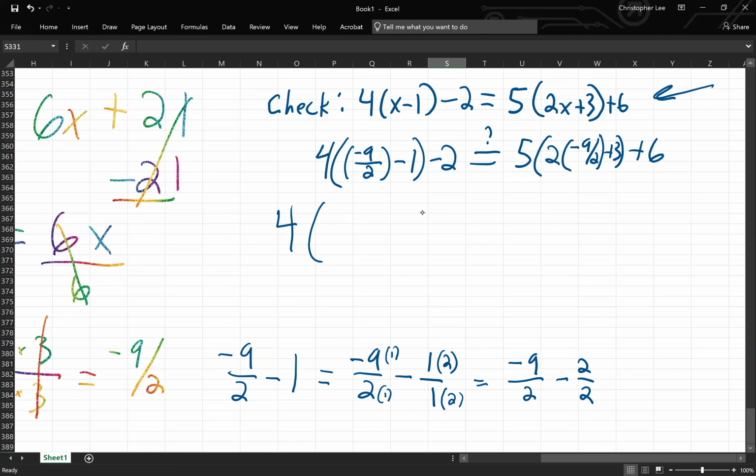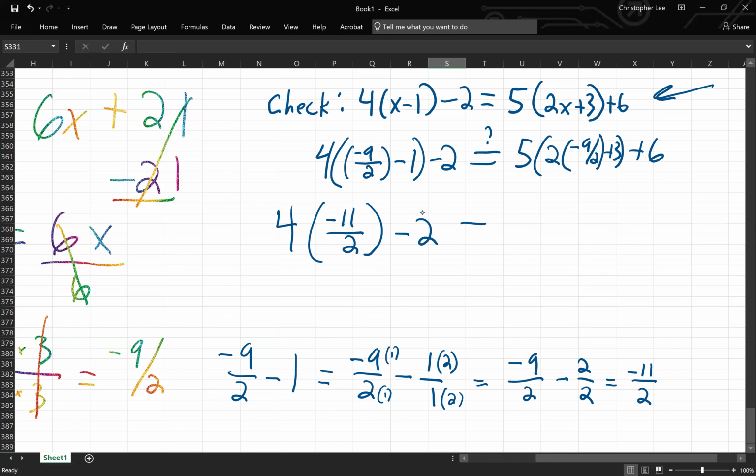Now I can subtract. So what's negative 9 minus 2? Negative 11, right? You owe me $9, now you owe me 2 more, right? So negative 11 over 2. That's what goes here. Negative 11 over 2, right?